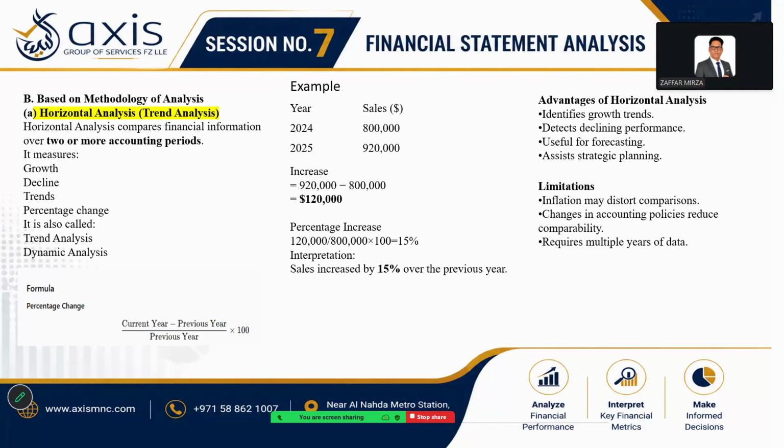For example, in 2024 we used the diminishing balance method for depreciation, but in 2025 we changed it to the straight line method. So it is difficult: if any policies are changed, we cannot compare. Inflation means the currency rate changed. Also there may be seasonal changes. Clear?